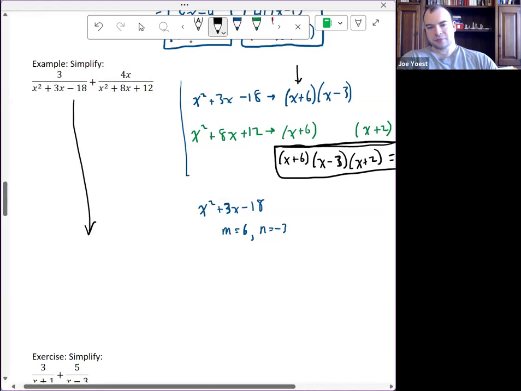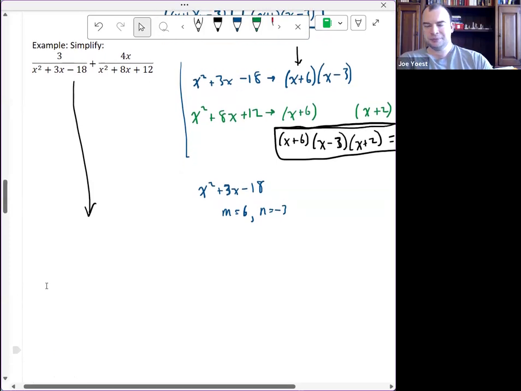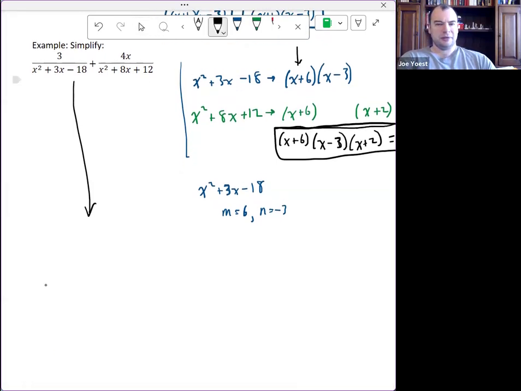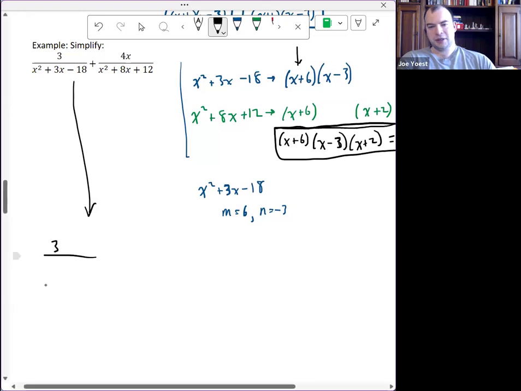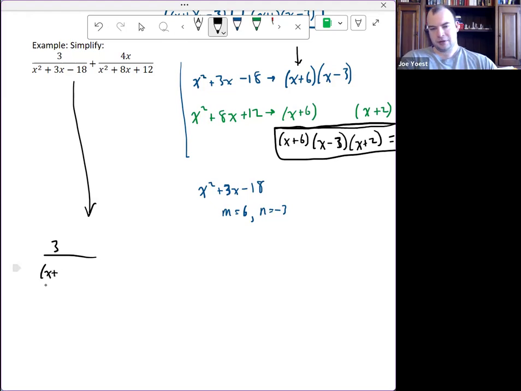Okay, so let me jump all the way down here so I have a little bit more horizontal room. Let me take a look at my first fraction. I could write it as 3 over x squared plus 3x minus 18, but we see that it's a little nicer to write it as 3 over x plus 6, x minus 3.